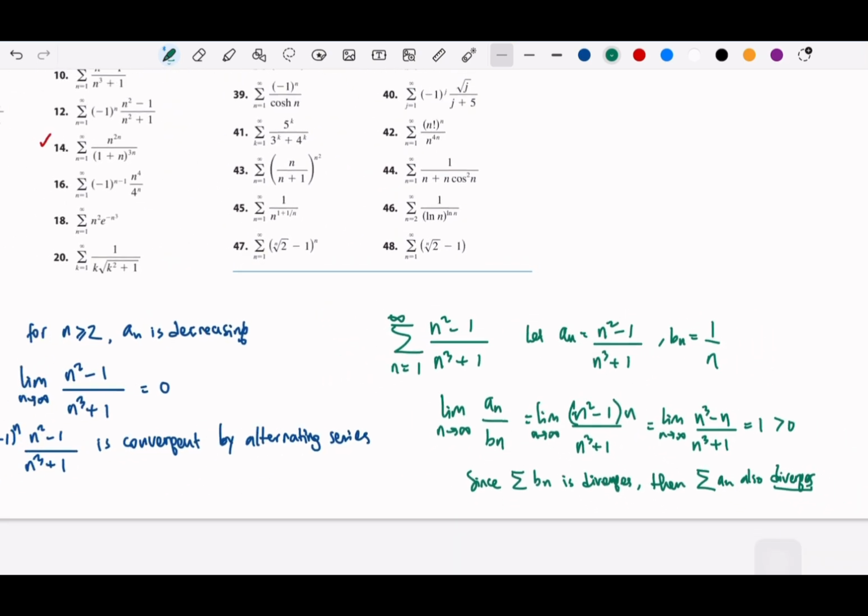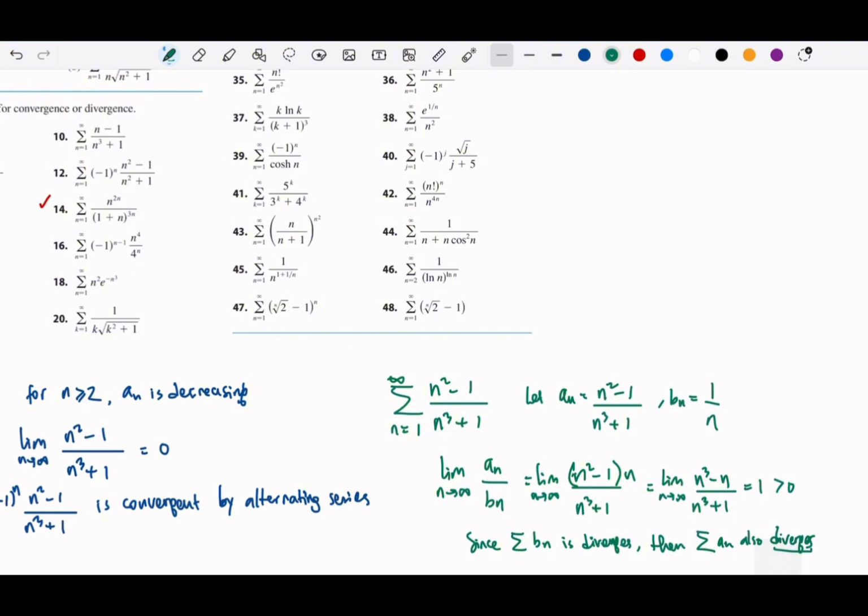So since this diverges, but the alternating series converges, this will be conditionally convergent. Diverge, converge, conditionally convergent. But actually this green one is not necessarily needed. This is if the question is asking conditional or absolute. So diverge, but this converges, so this convergent is conditionally convergent.